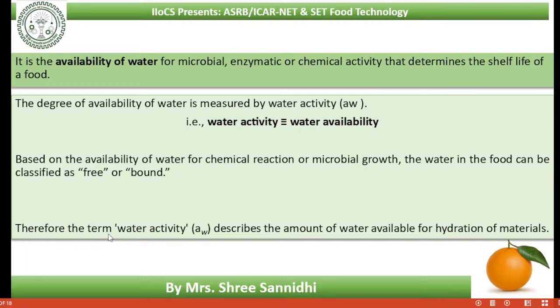Therefore, the term water activity describes the amount of water available for hydration of materials. So this water activity is nothing but the activity of free water, right? It's about the activity of free water.